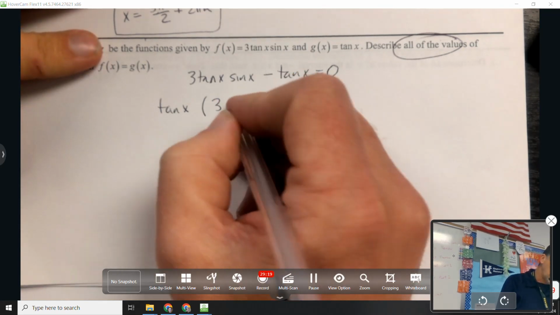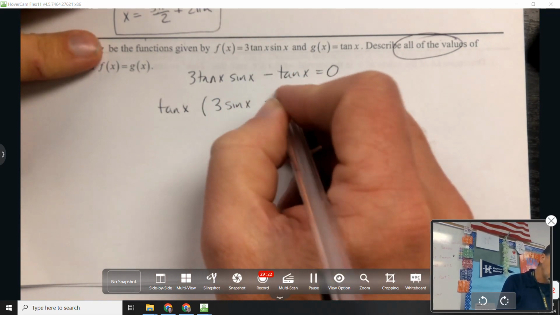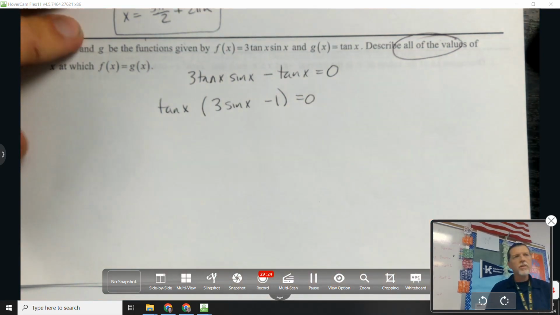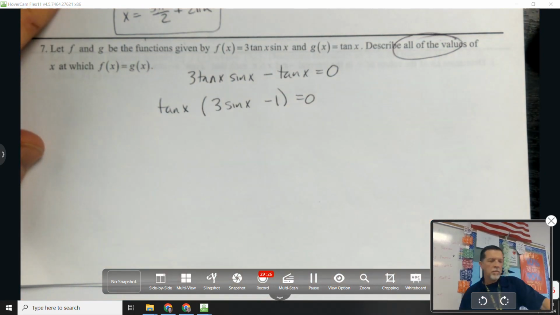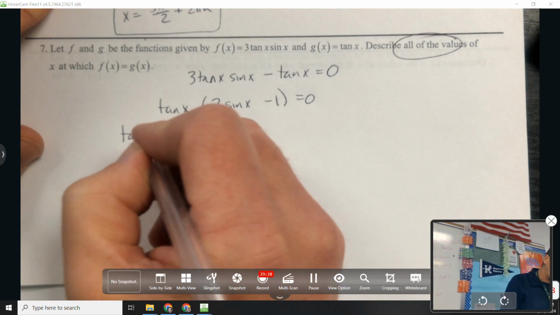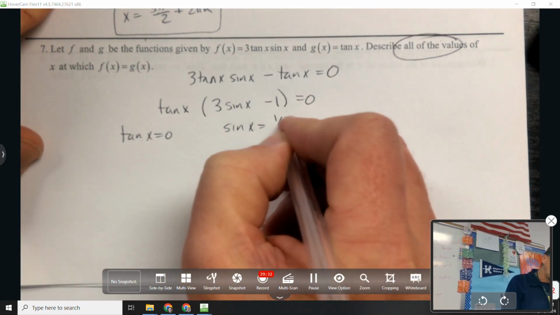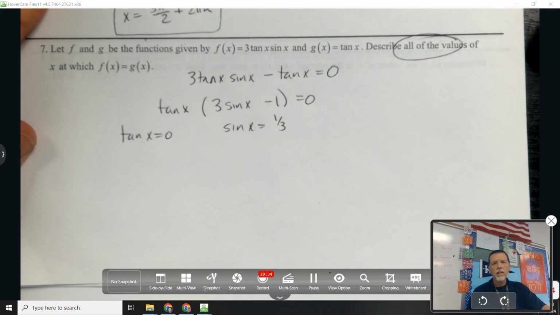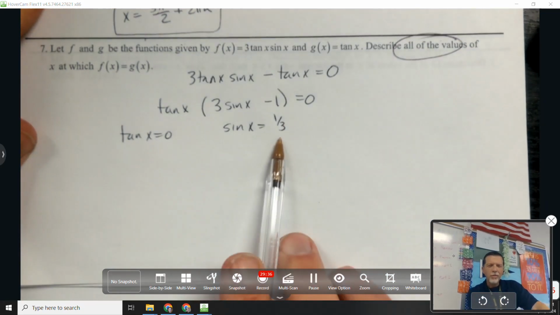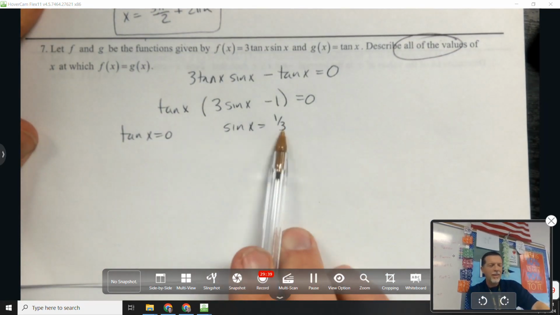That leaves 3 sine of x minus 1 equals 0. So tangent of x equals 0, and sine of x equals 1/3, which doesn't look like a unit circle value, so we'll come back to that in a minute.